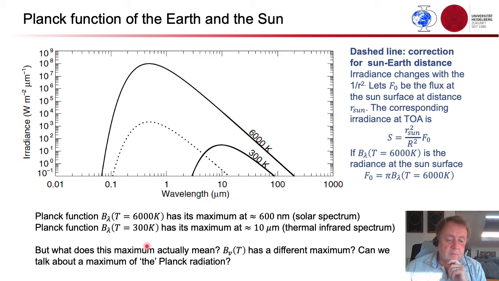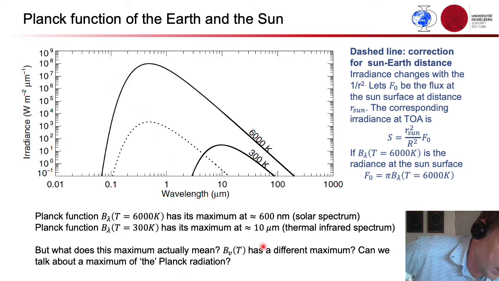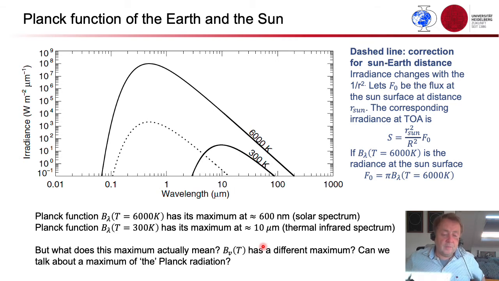So in that representation, we see that the solar Planck function for a temperature of 6000 Kelvin has its maximum at, say, 550 nanometer. Whereas the Planck function for the Earth, with a temperature of 300 Kelvin, has its maximum at 10 micrometer.